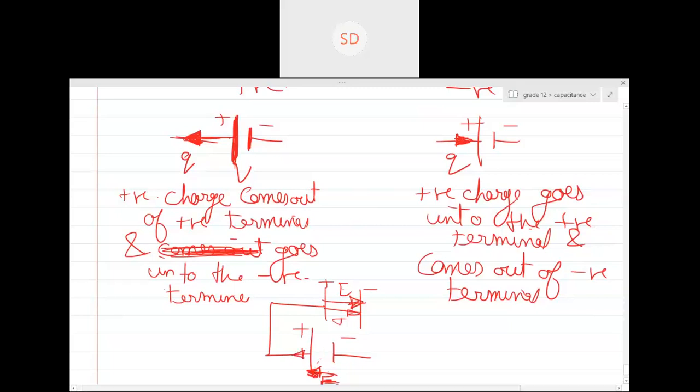And when charge is coming out of this direction, can you see charge was coming out like this? The direction of flow of charge is this. Yes or no? The electric field is also in the same direction. So the electric field is applying a force on this charge in the same direction as the movement of charge. Hence, your work done will be positive or negative.